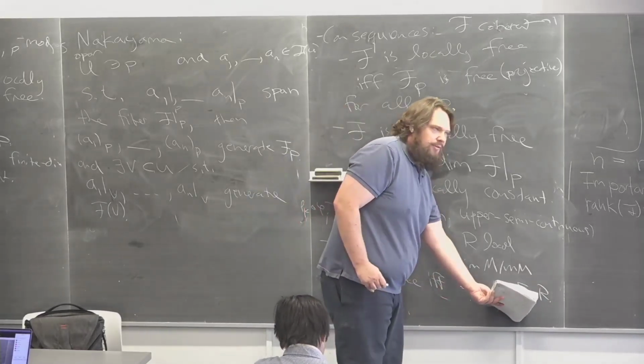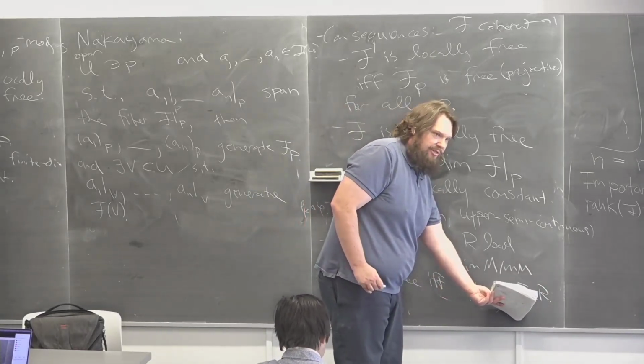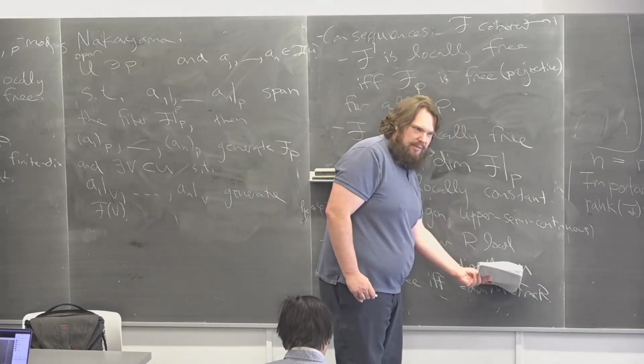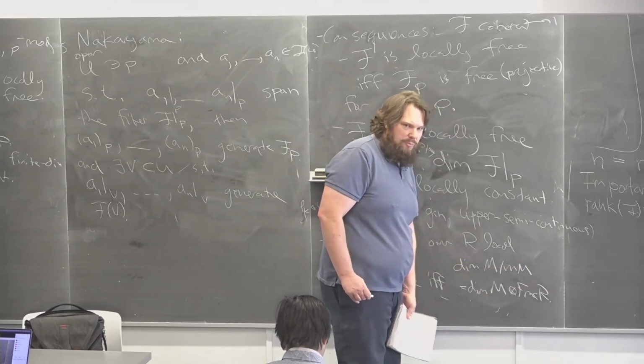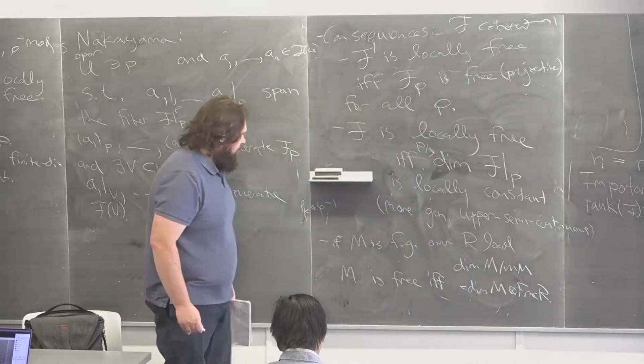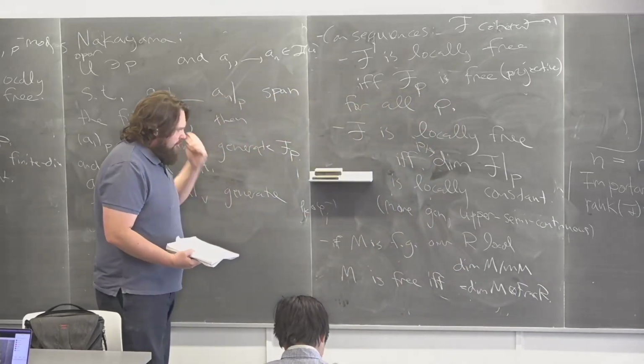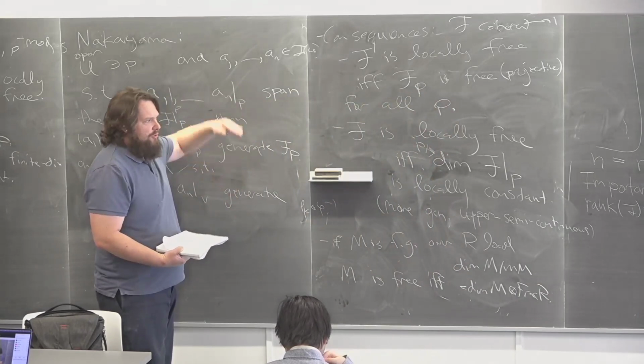This is the dimension of the fiber at the generic point, and this is the dimension of the fiber at a closed point. So you can detect freeness by whether those change.